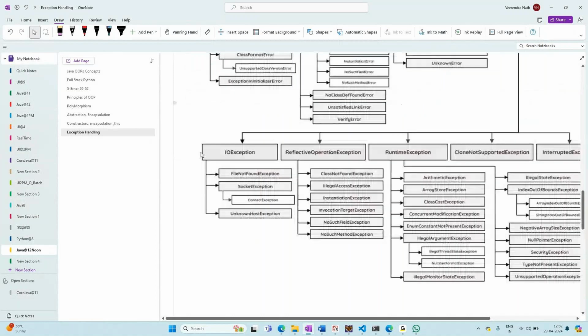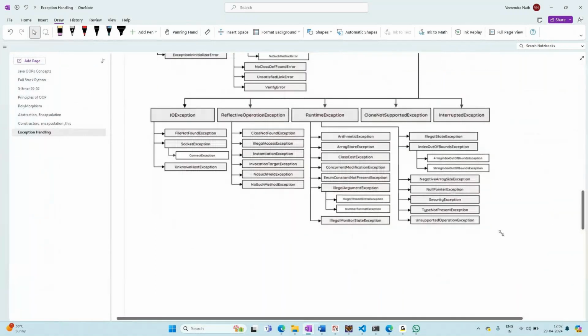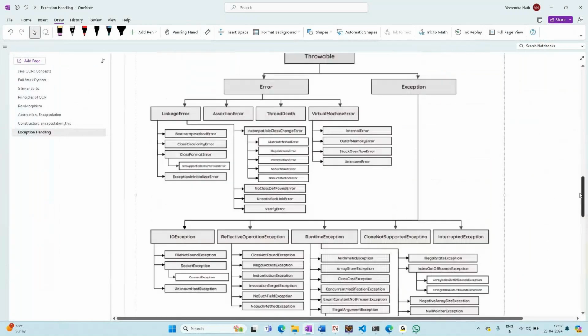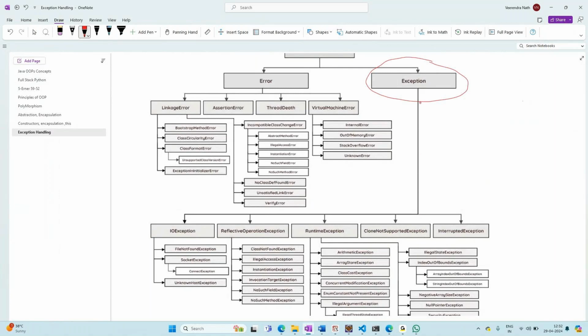What you observe over here is a small image wherein you have the hierarchy. Here you have the Exception class, and under the Exception class you have all these exceptions.